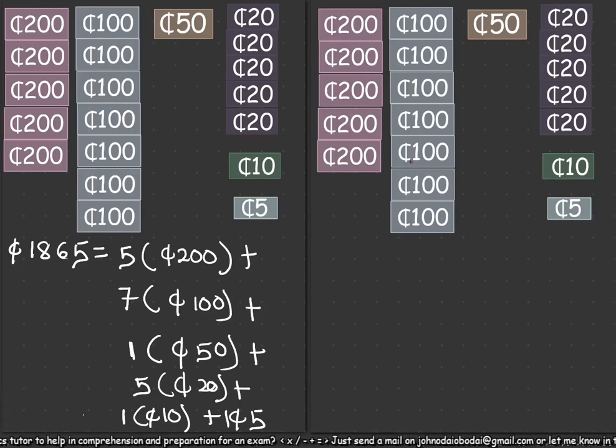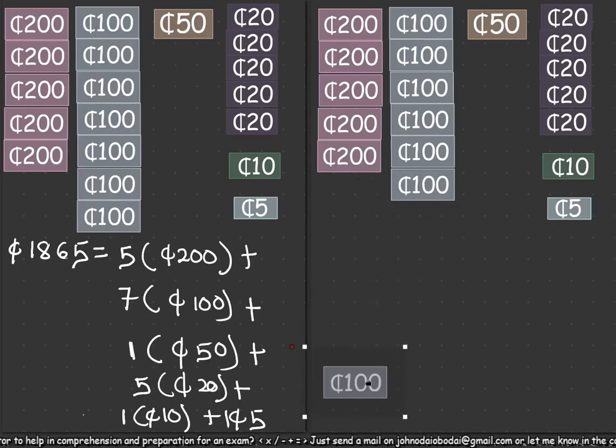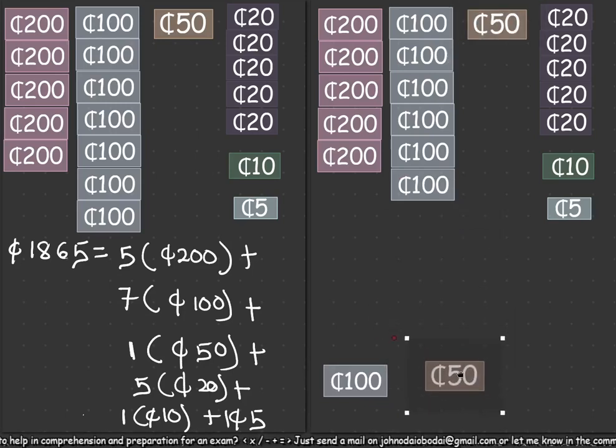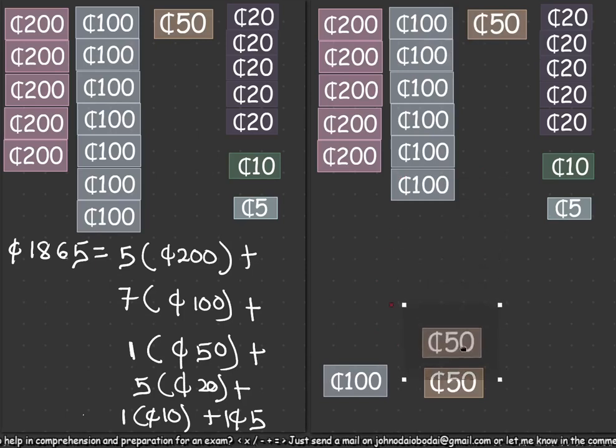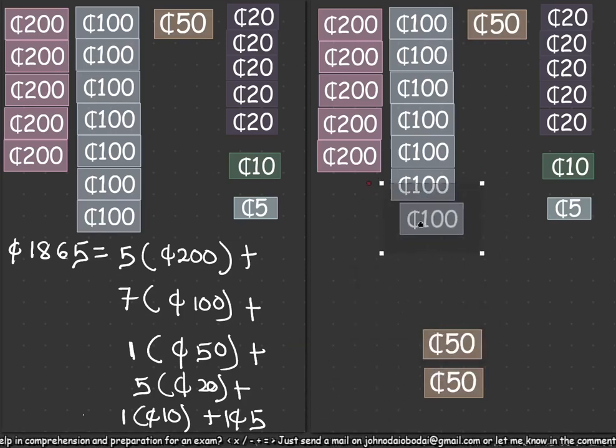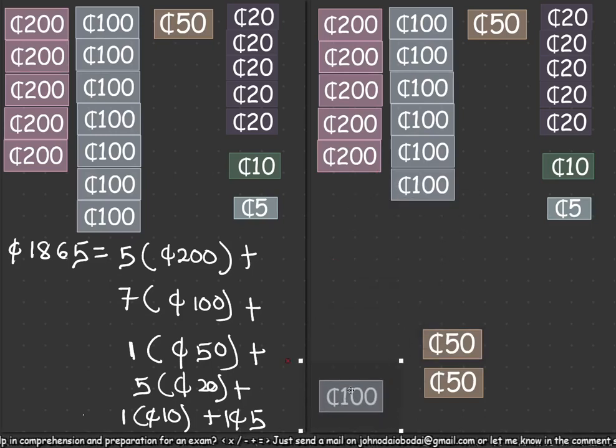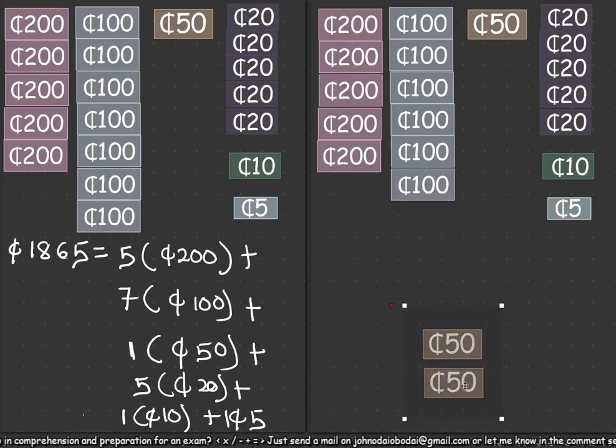So someone could decide that, well, I need more of the 50 cedis. Now we know that one of the 100 cedis is simply what? 2 of the 50 cedis. So instead of this 100 cedis, which was here, we would quickly delete it and then substitute it.